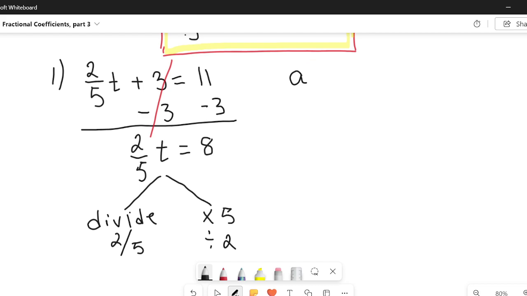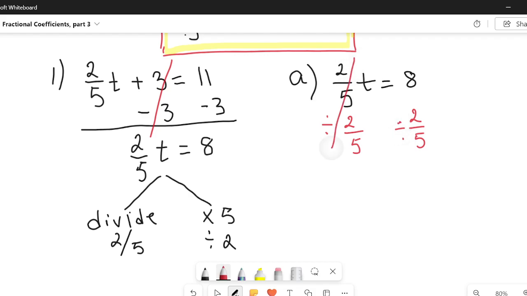The first way is 2 over 5t equals 8. What I'm going to do now is divide both sides of this equation by 2 over 5. This way, 2 over 5 divided by 2 over 5 is 1. So t equals 8 divided by 2 over 5.